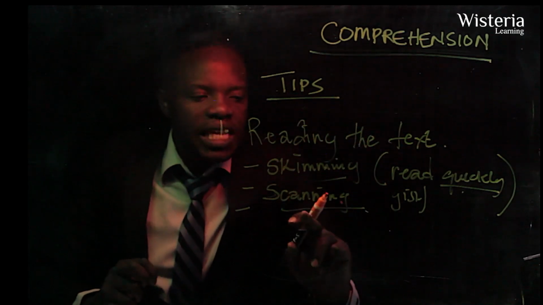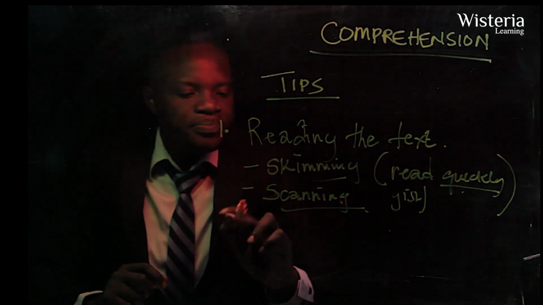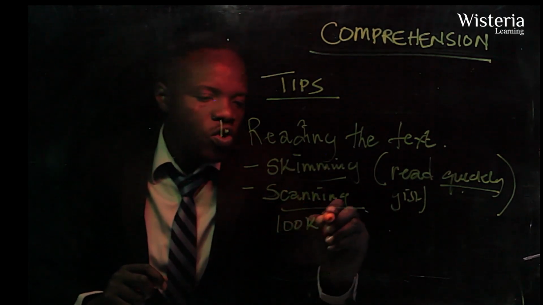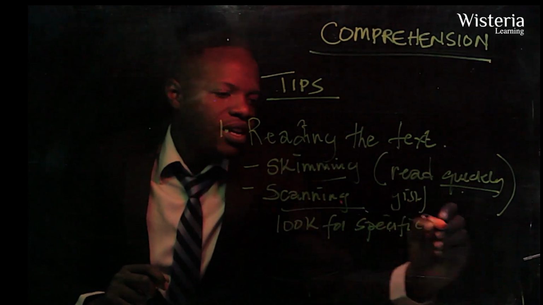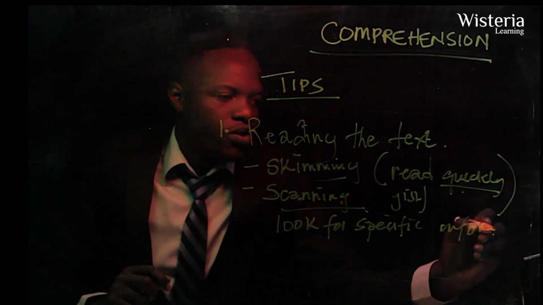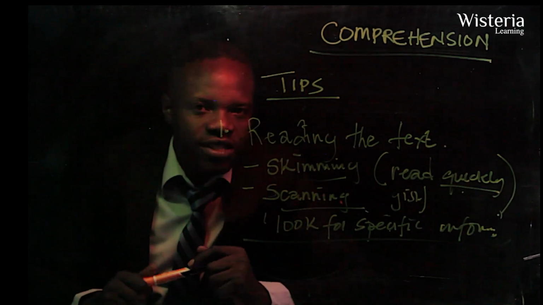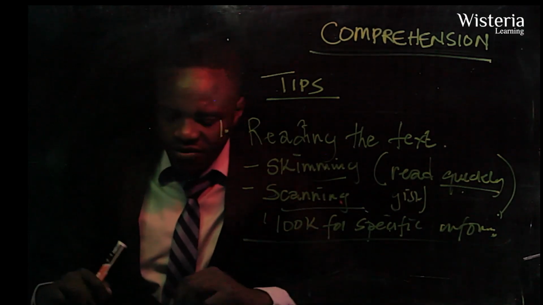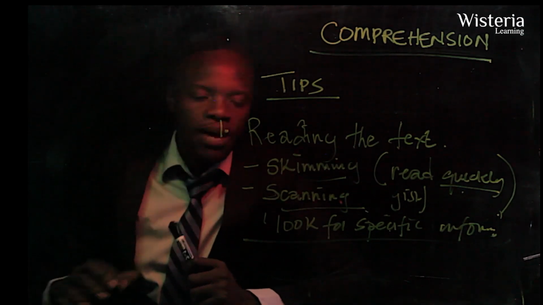To scan, however, is to look for specific information. The question that you're answering is going to guide you into where specifically you are supposed to look for that type of information.